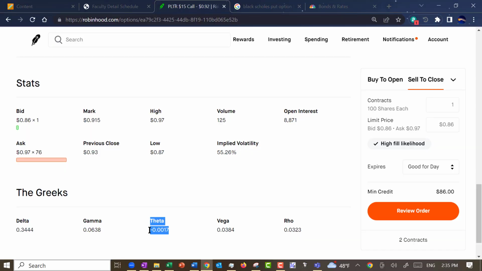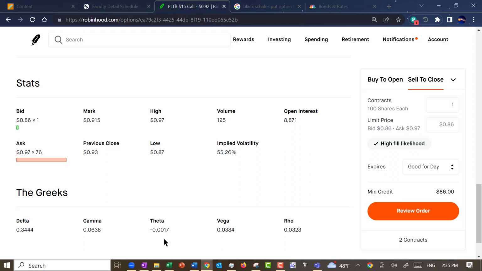And we will also think about the theta. It's how much the value of the option will change by passing over one day. So that's 0.17 for 100 contracts, 100 shares, at 17 cents. So I buy something at $87.